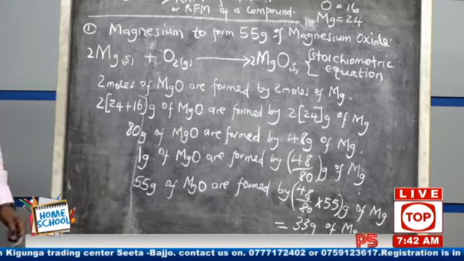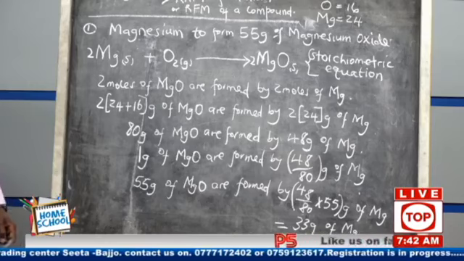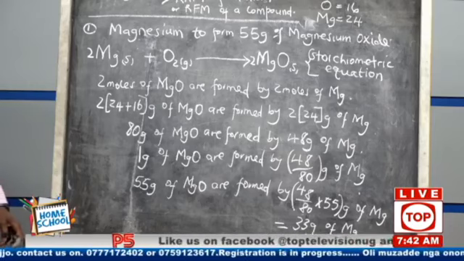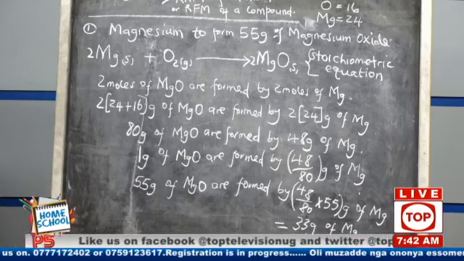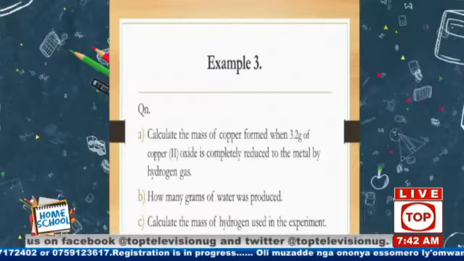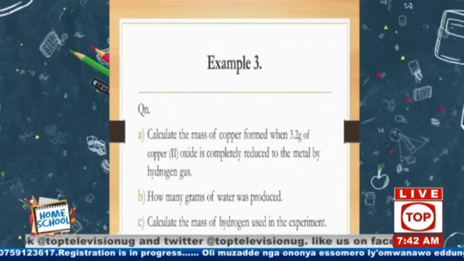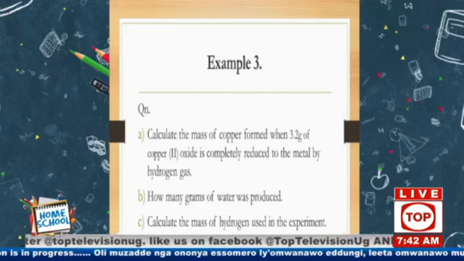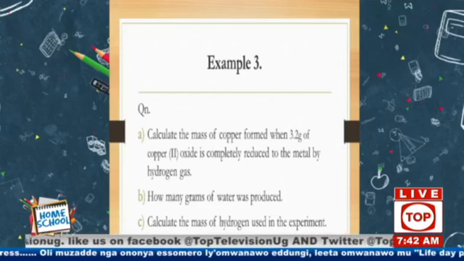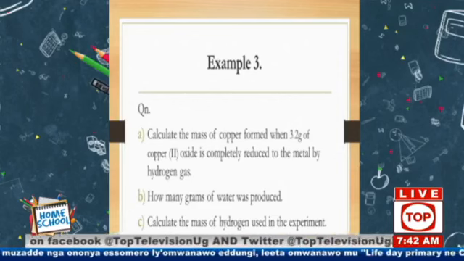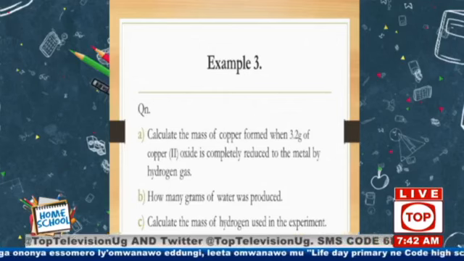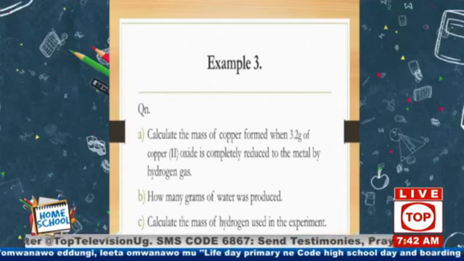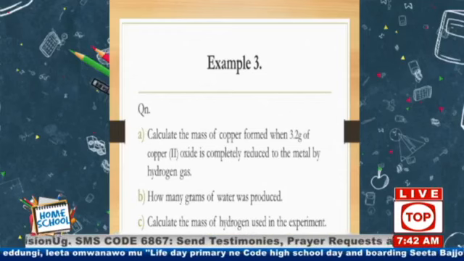Let's go to our next example, which is example 3. Example 3 is saying, calculate the mass of copper formed when 3.2 grams of copper 2 oxide is completely reacted to the metal by hydrogen gas. The first question is saying you calculate for copper.